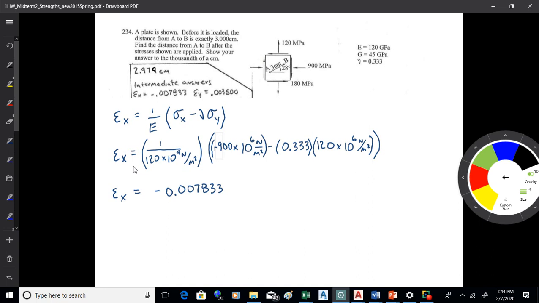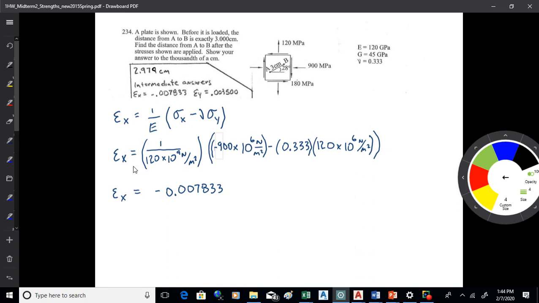So we find the strain in the x direction. Now once we've got that, we want to find the strain in the y direction next. It's just another formula, the same basic formula, just for y instead of x.